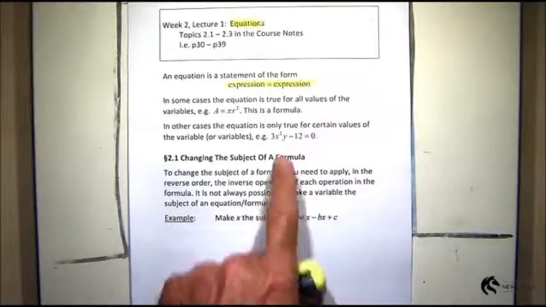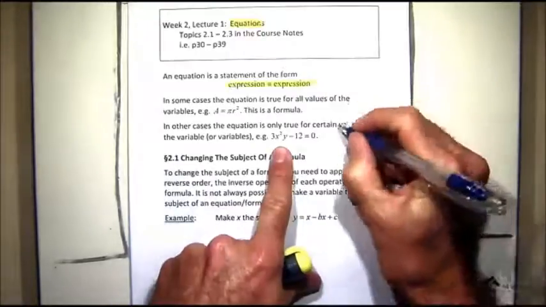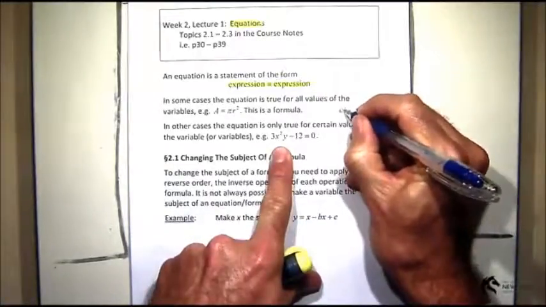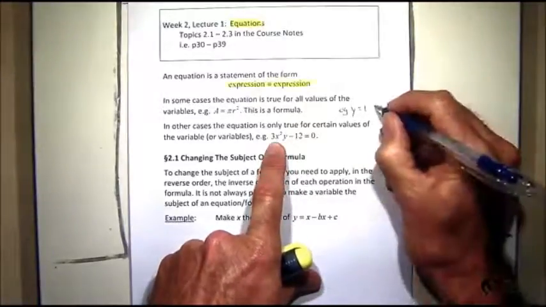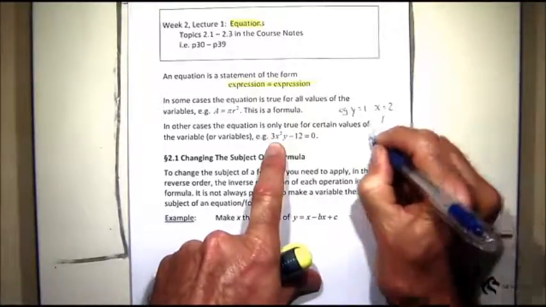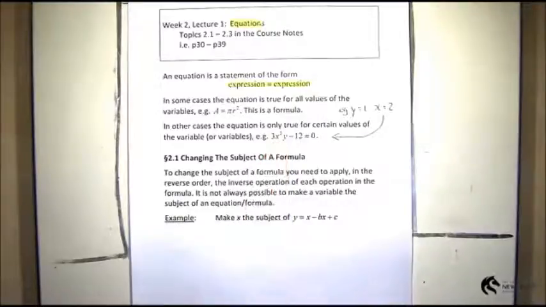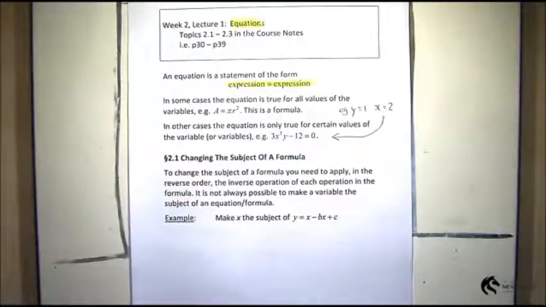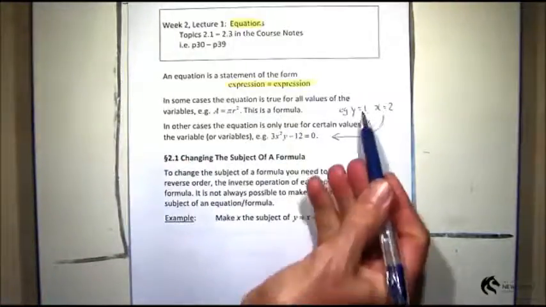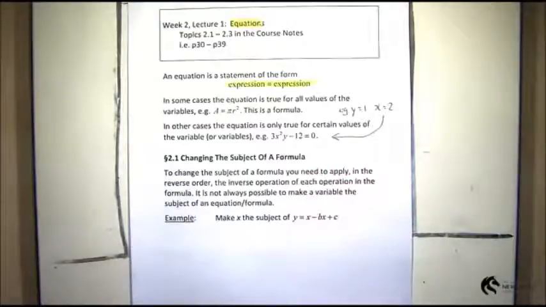For example, I could put y equal to 1, and then x would have to be equal to 2 in there. Then that statement is true. Okay? So that's what we mean by an equation. So we're going to have a look at how we might find these particular values using our algebraic techniques, algebraic manipulation that we're good at.